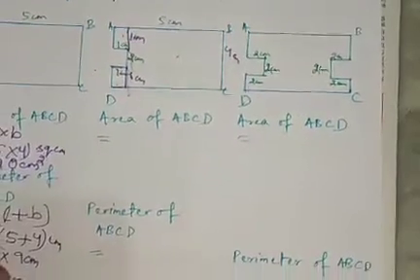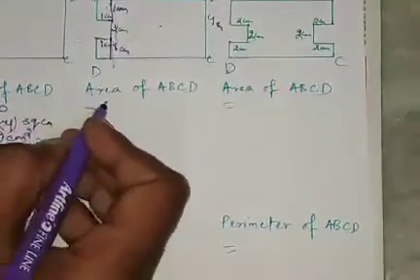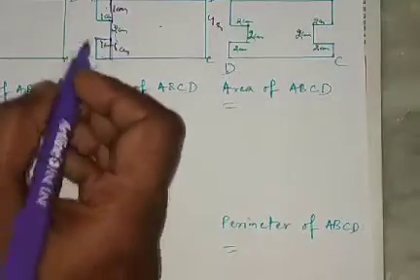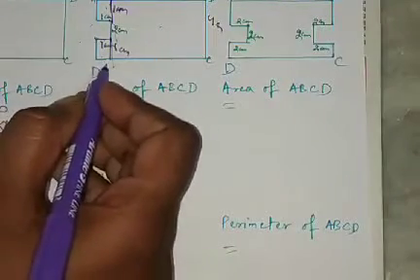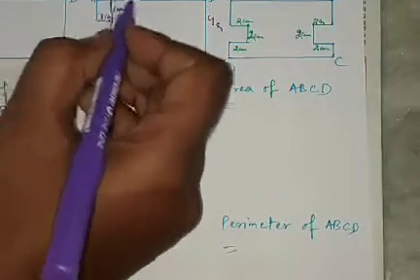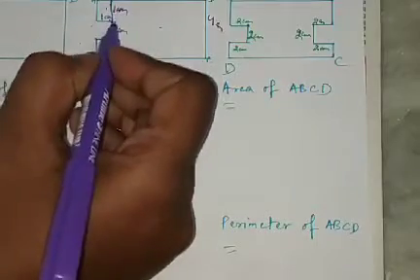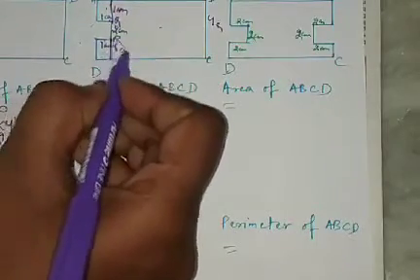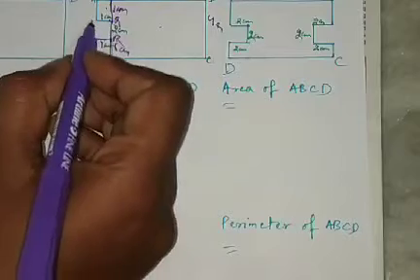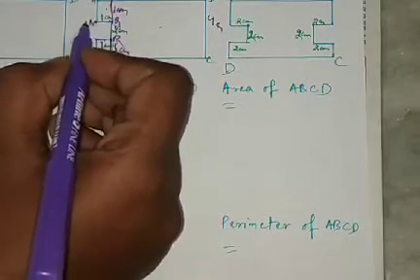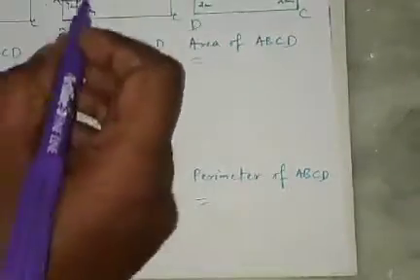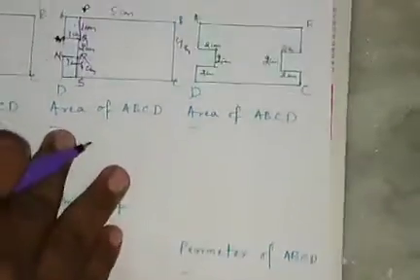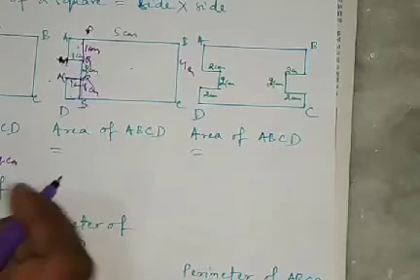So now let's find the area of ABCD. Area of this closed figure. We will name them P, Q, R, S. Then here M, N. So area of this whole figure is how much?